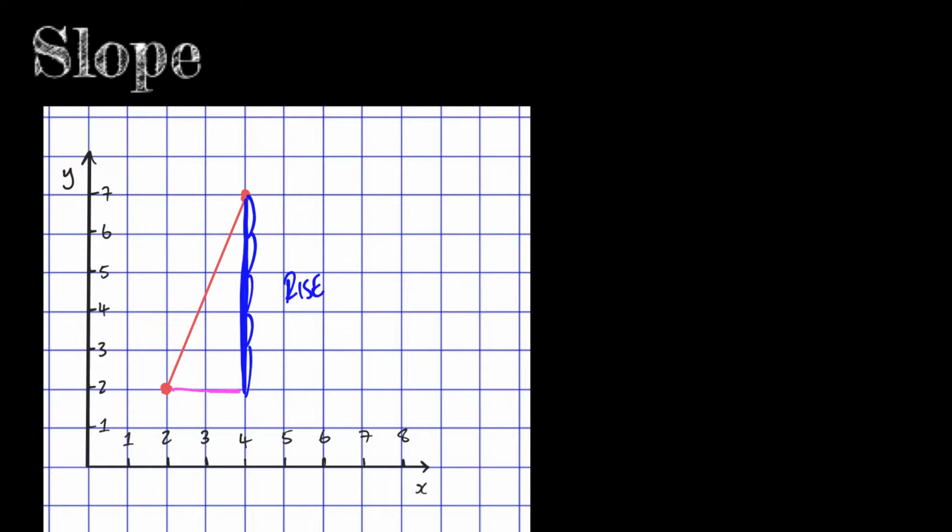So 2. Okay. So that's going to be 5 over 2. The rise over the run. Which is the slope. So the slope is going to be rise over run. So slope. So you can see there at the minute the slope there would be 5 over 2.